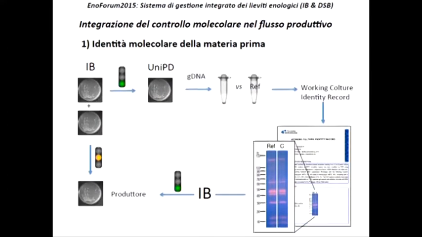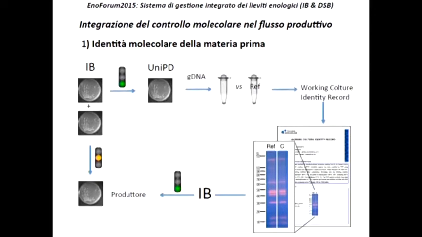As for the molecular identity of the raw material, what happens is that when IB has to go for the production of a certain strain of yeast, it prepares 2 twin dishes. One is sent to Padova, to our lab, and one is sent to the producer. The difference is that in Padova, you can immediately go on with the work while the producer is in a standby situation.